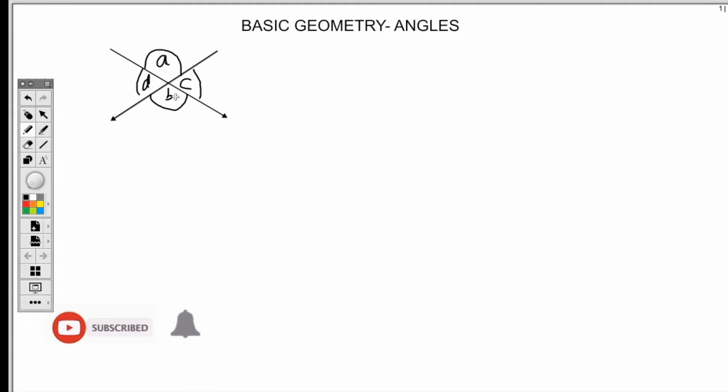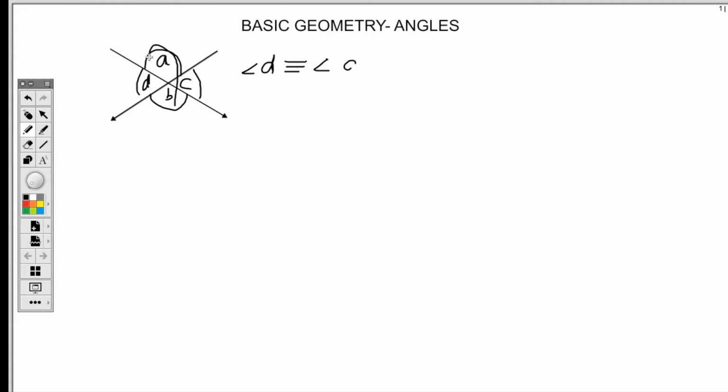Looking at this diagram, we can see that angle D and angle C are vertically opposite angles. That means they are the same. So angle D is the same as angle C.